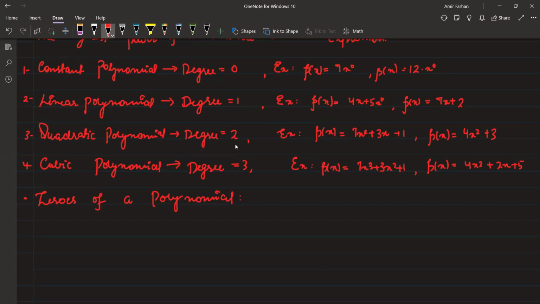But in the quadratic polynomial, how many zeros will there be? It would be 2, because if you factorize this, you will get two zeros. And then in the cubic polynomial, you will get three zeros of a polynomial. Clear, everybody?